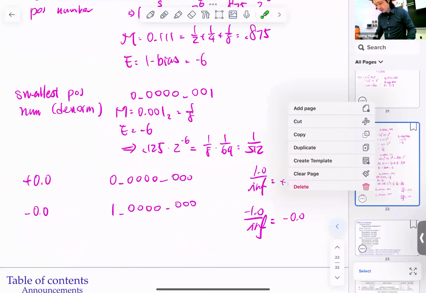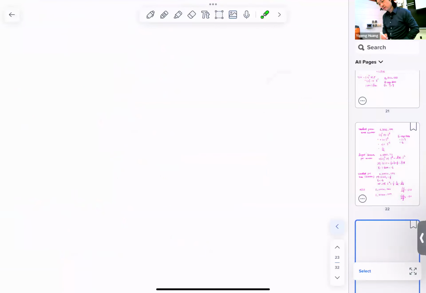Okay, this is a good point to talk about some more of these properties, right? What other nice properties of the real number system are we accustomed to?